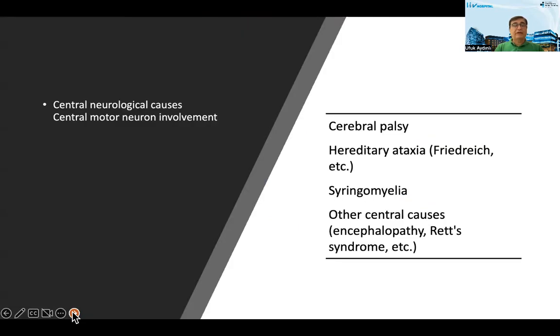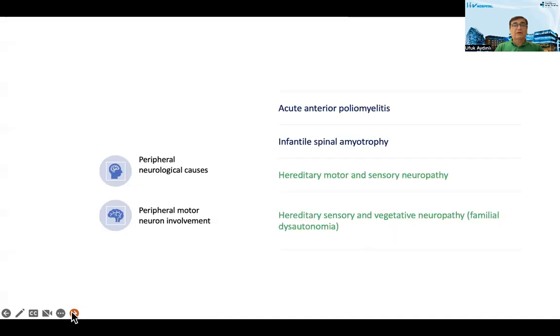When we look at the specific problems, if the patient's main issue is central neurological, with central motor neuron involvement, then they have cerebral palsy, hereditary ataxia, syringomyelia, encephalopathy, or Rett syndrome.